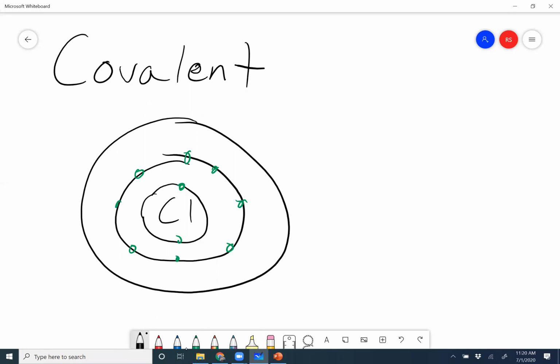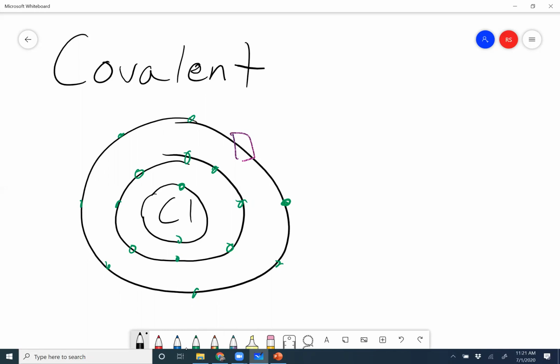And then in your final shell, you have 7. So 1, 2, 3, 4, 5, 6, 7. But you got a hole right here in your valence shell. You'd like to have 8 there, but you don't have anything to take an electron from. You're in an environment where the only other substance is just another chlorine.